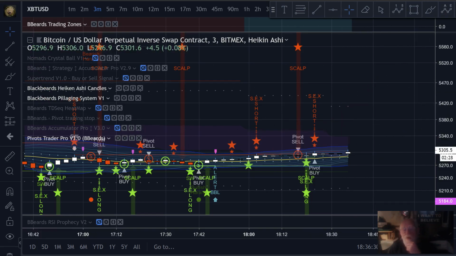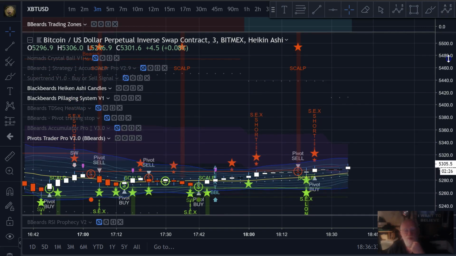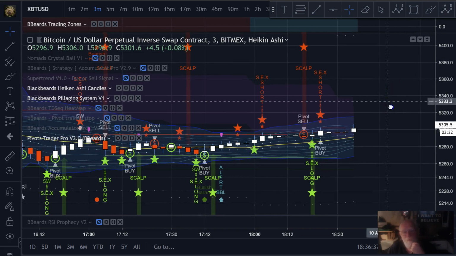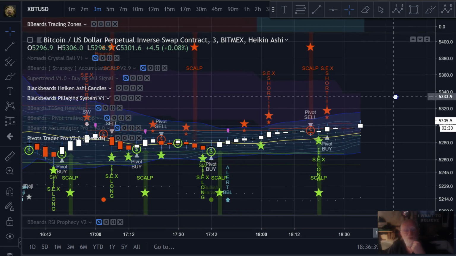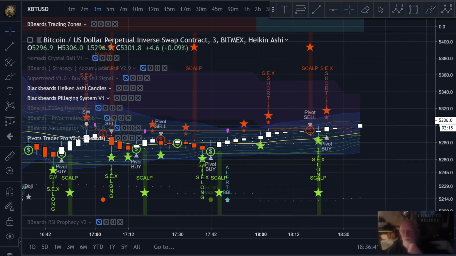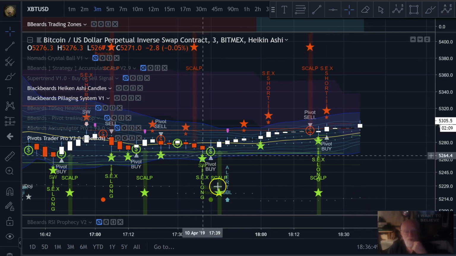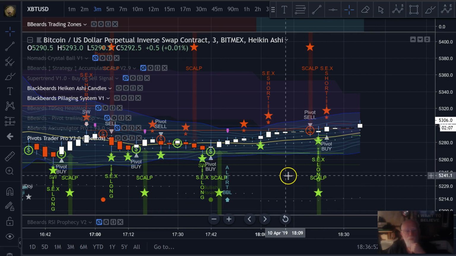Anyway, this is a combination of 5 or 6 different indicators, which you can see. We've got a scalping trend here.